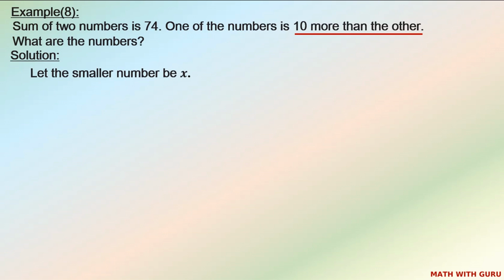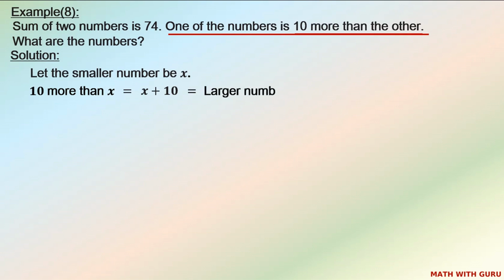What is 10 more than x? x plus 10. Therefore, x plus 10 is the larger number. Their sum is 74. It is given.